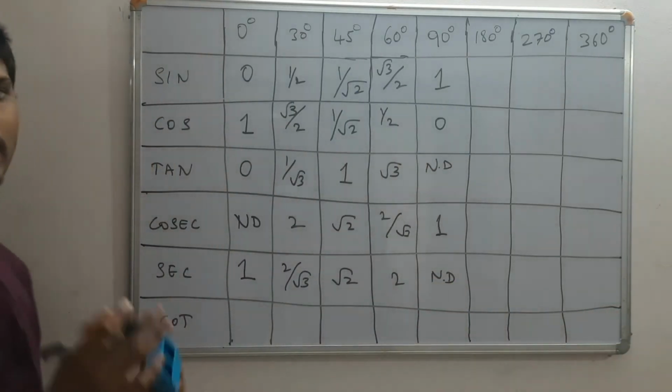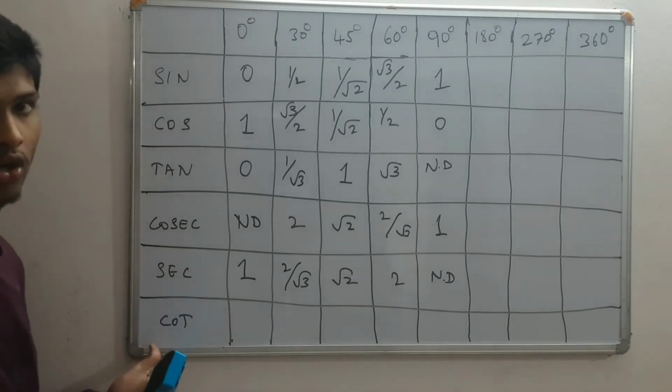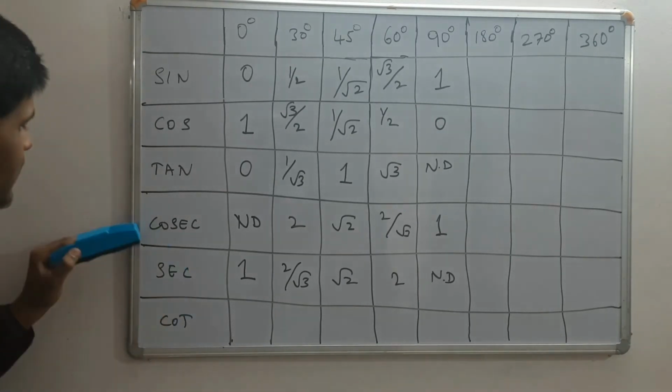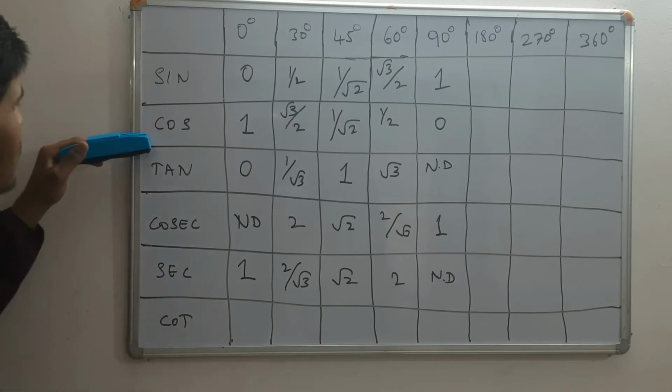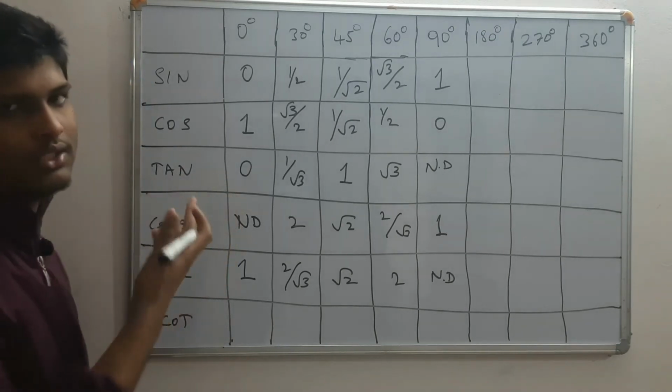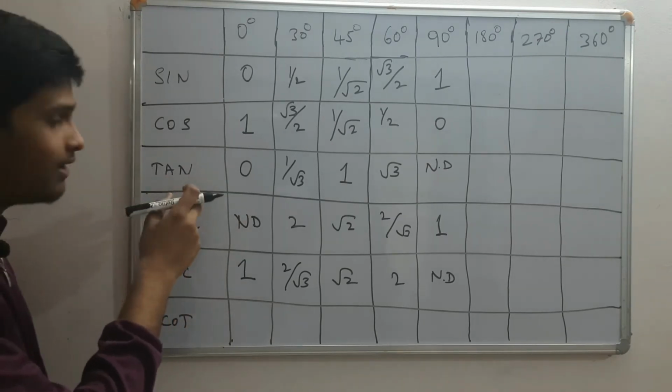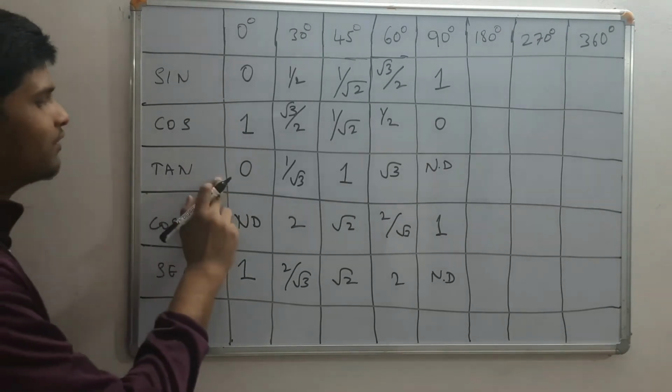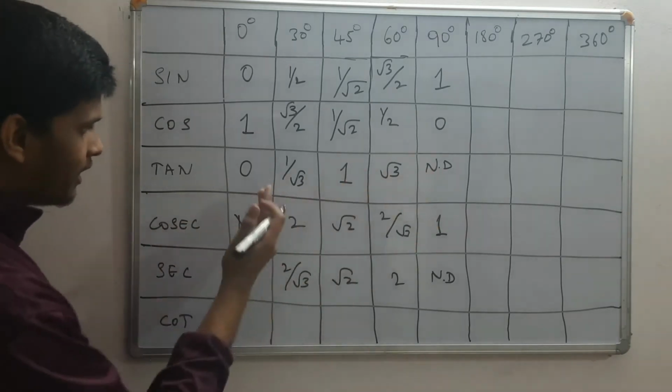Alright, so we are done up to here, and we are left with cot. For this cot value, you can do cosecant theta by secant theta, or you can do cos theta by sin theta, or you can just reverse the order of this tan from 90 degree to 0 degree.